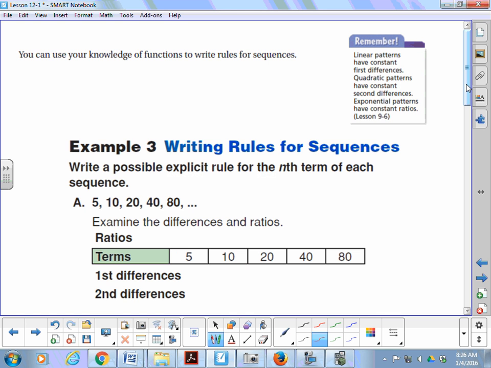So when we say we're writing an explicit rule, we're finding the function. And when we write the function in this case, we're going to say a sub n equals, and n is going to be our variable. So instead of saying y equals something with x be the variable, or f of x equals something with x be the variable, when we're talking about sequences, we're using a sub n as our y equals, basically, our function, and n is the variable that we're going to use.